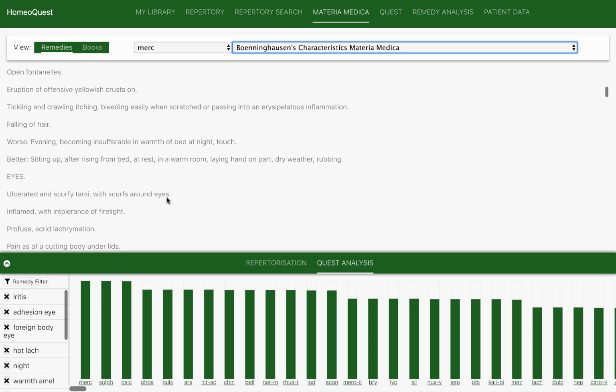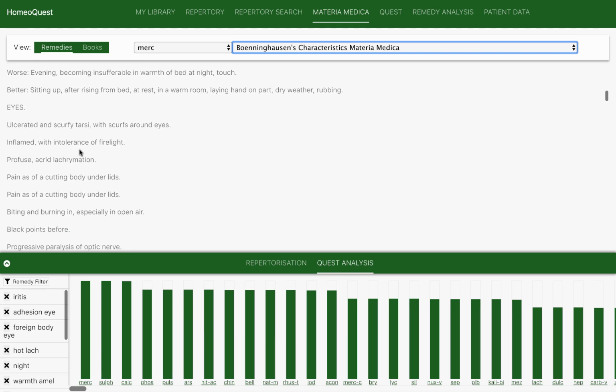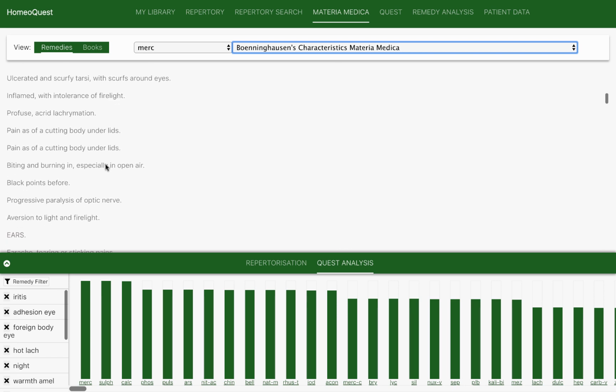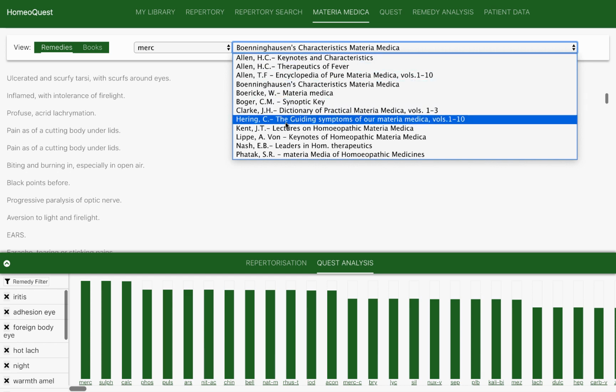And look at eyes: ulcers, inflammations, intolerance of firelight, profuse acrid lacrimations, cutting pains under the lid. She had that sort of pain as if there was a foreign body just under the lids, right? And again, you have aversion to light and firelight. What other authors?